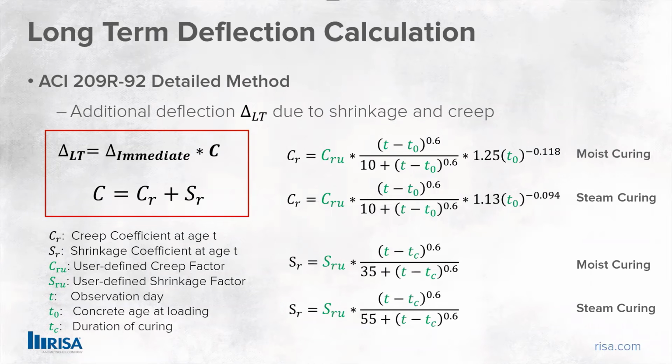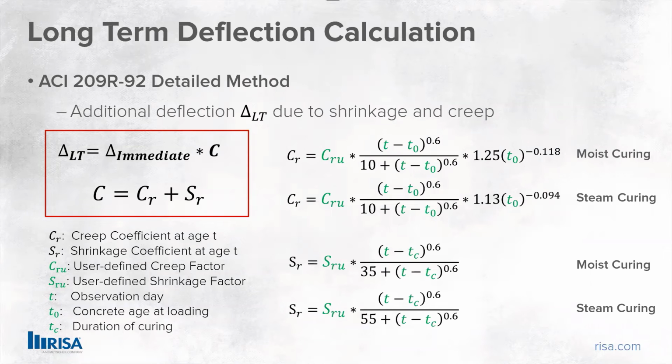So in this method, the C will be equal to the sum of 2 factors. One is the CR, the other is the SR. So the CR refers to the creep coefficient at the age t, and SR refers to the shrinkage coefficient at age t. So we consider these 2 factors separately due to creep and shrinkage.